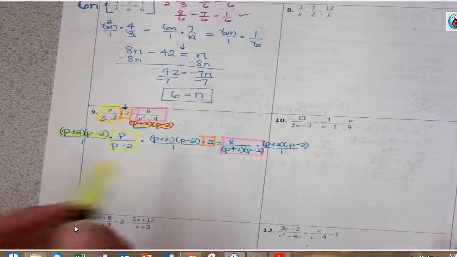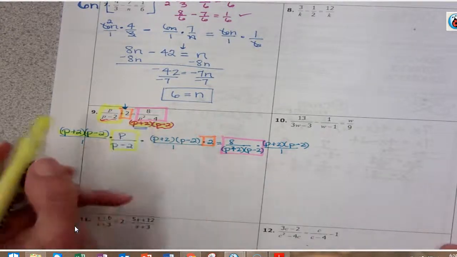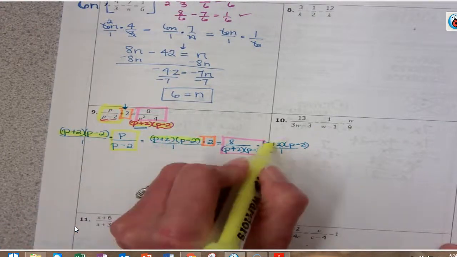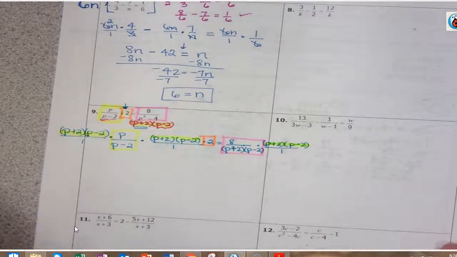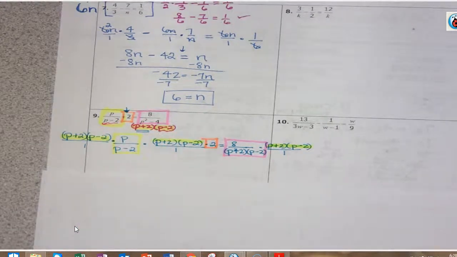And I'm multiplying each of those by this common denominator. And the reason why I'm doing that is that I want to get rid of the fractions. I'm trying to get rid of the fractions.